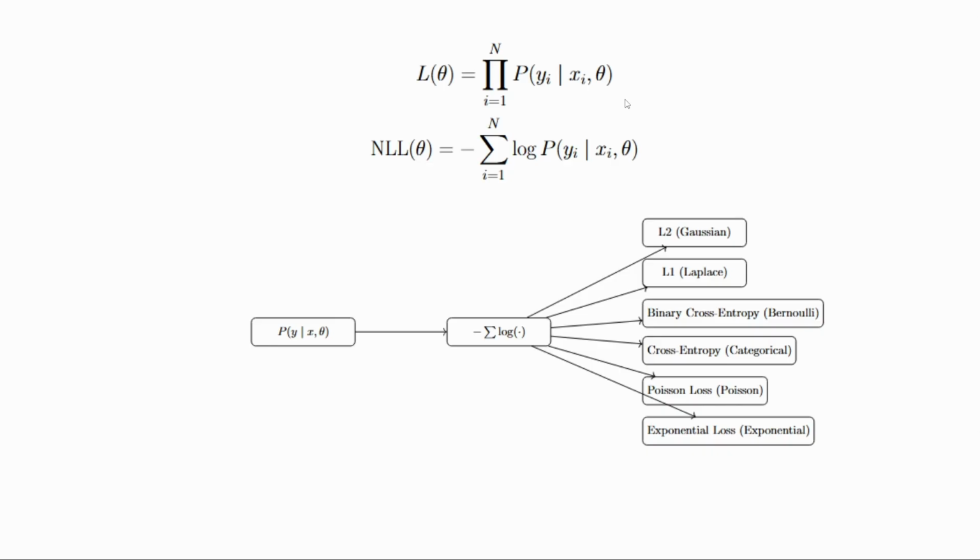How we do that is we ask the simple question: what are the parameters which minimize the negative log likelihood, which is equivalent to maximizing the likelihood? If we assume that our data is Gaussian, then we arrive at the L2 loss. If we assume our data comes from the Laplace distribution, then we find that our loss function is the L1 loss, and so forth.